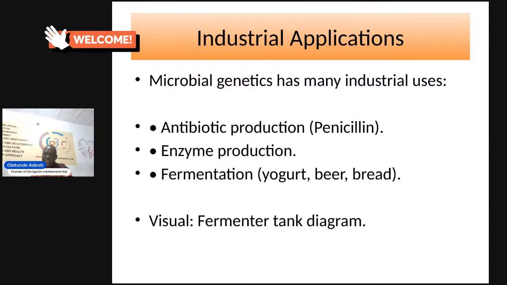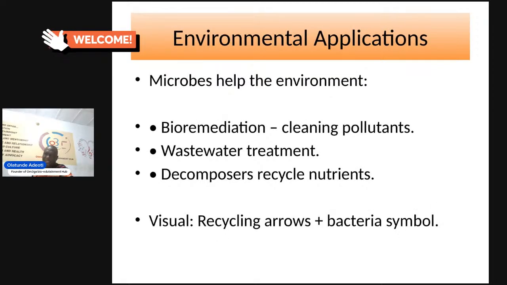Then also in enzyme production, and also fermentation that we make use of in yogurt, beer, and bread. Okay, so environmental application. Microorganisms help the environment in the form of bioremediation, that is cleaning of pollutants and wastewater treatment. Some of them are used as decomposers in recycling nutrients.